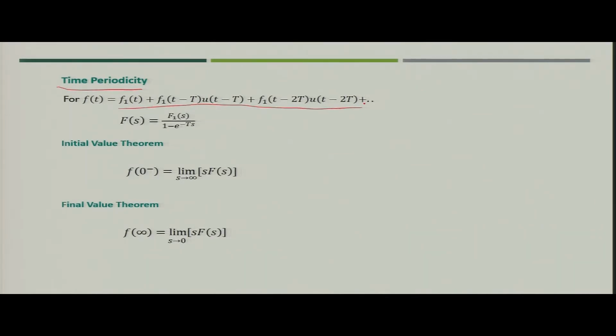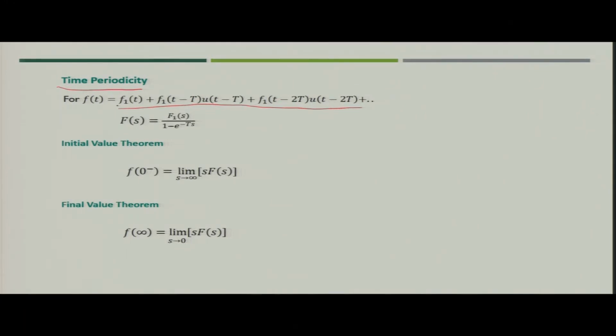So you can represent a periodic function as a combination of various functions, where the first function is the value of this periodic function in the first time period, and the others are the first function with time shifts: shifted by T, then shifted by 2T, and so on.